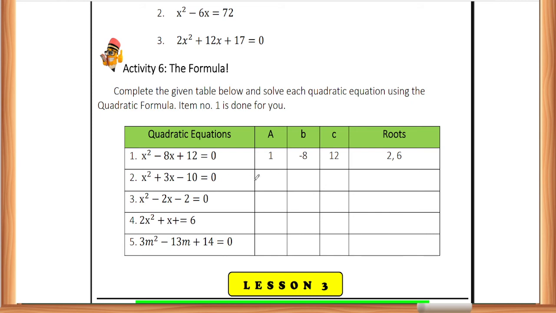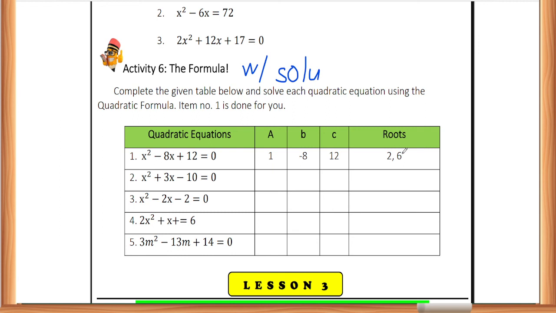All you have to do is just put the A, B, and C here and then find the roots using the quadratic formula.